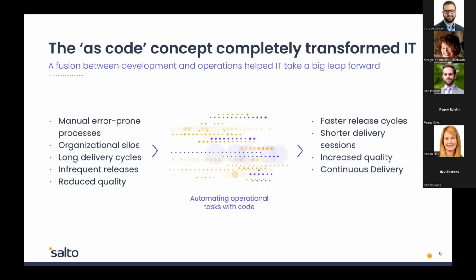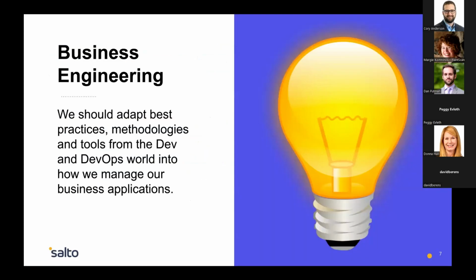Whereas it used to be very manual and error prone, with different people, and it was difficult to collaborate between teams, they've solved that with a lot of automated processes and tools, CI tools you might have heard of, to create better release cycles, lower errors, and lower cost of delivery when moving between your dev environments, your sandboxes, and your production environments. So why not take those same concepts and move them into the business world, into the SaaS world? Here's where you get the concept of business engineering.